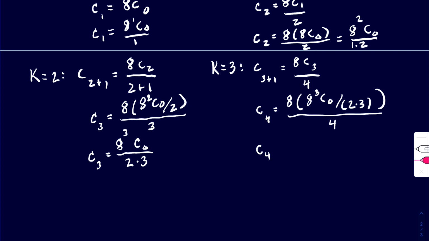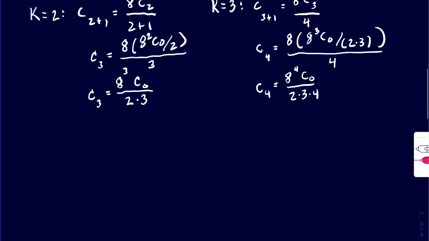So c4 would be equal to 8 to the 4th c0 over 2 times 3 times 4. So these are all factorials. So I think we've got our pattern here.